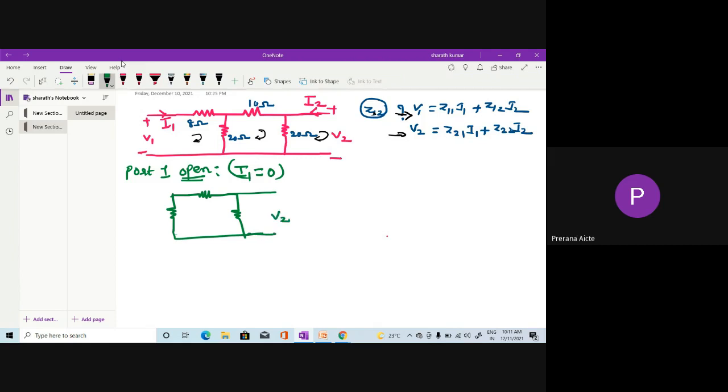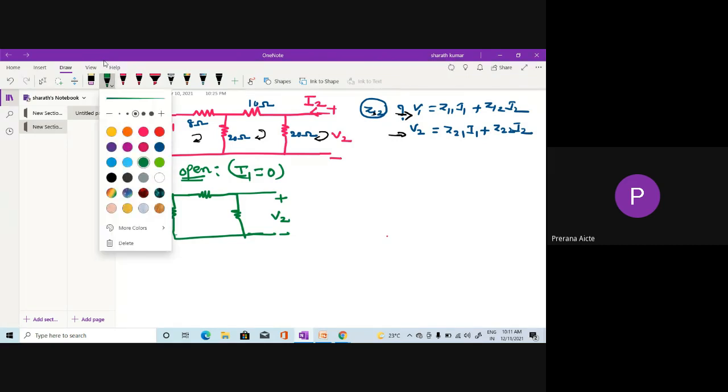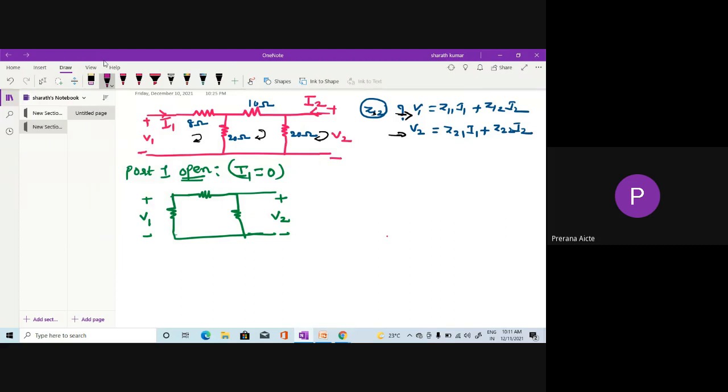It is port 2 with plus and minus, and here it is port 1. V1 is going to be available, but the current I1 is going to be 0. That is a very important point you have to understand. So the current I1 is equal to 0, but I2 will be live. I2 will be available.